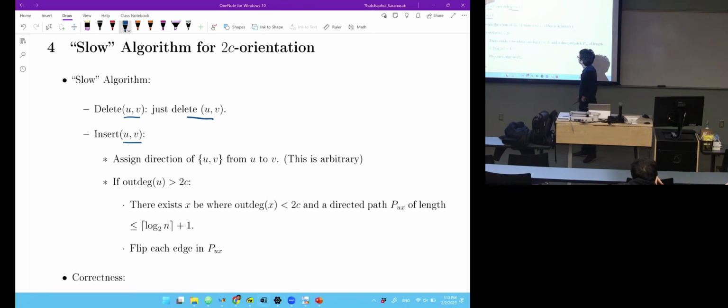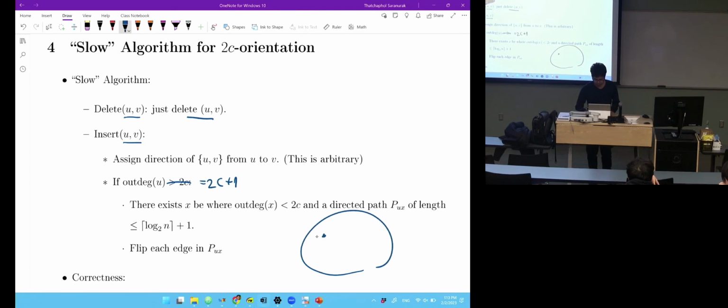If the outer degree here is 2C plus 1, strictly more than 2C by 1, there is an X whose outer degree is less than 2C, and there is a short path from it. So what I can do is take U, look at X, look at this directed path, and then I flip edges along this path.